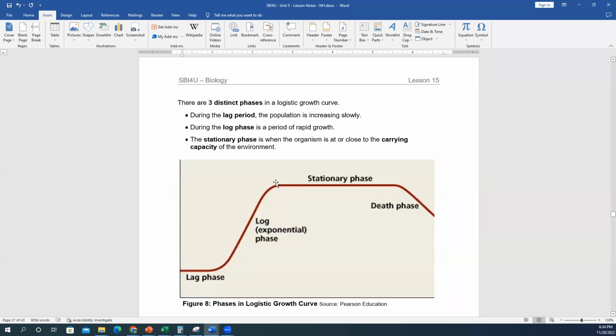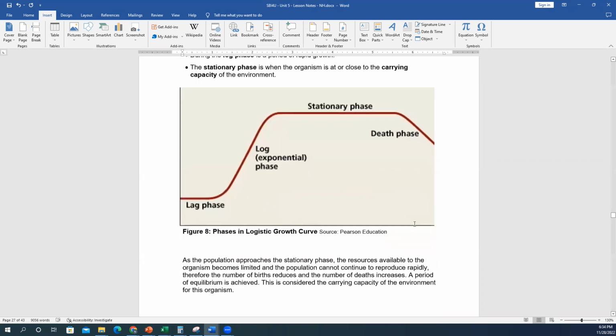And then you reach the stationary phase, where the population is at or very close to its carrying capacity for that environment. Sometimes it is even followed by a death phase, where it starts to die off again until it is able to reach a number that it can start growing again, once the environment is able to produce the amount of resources required for that number.